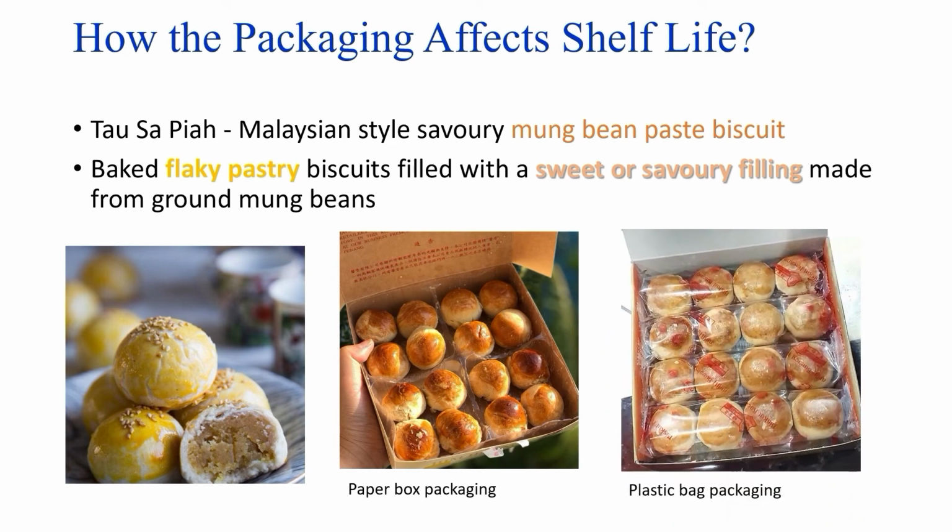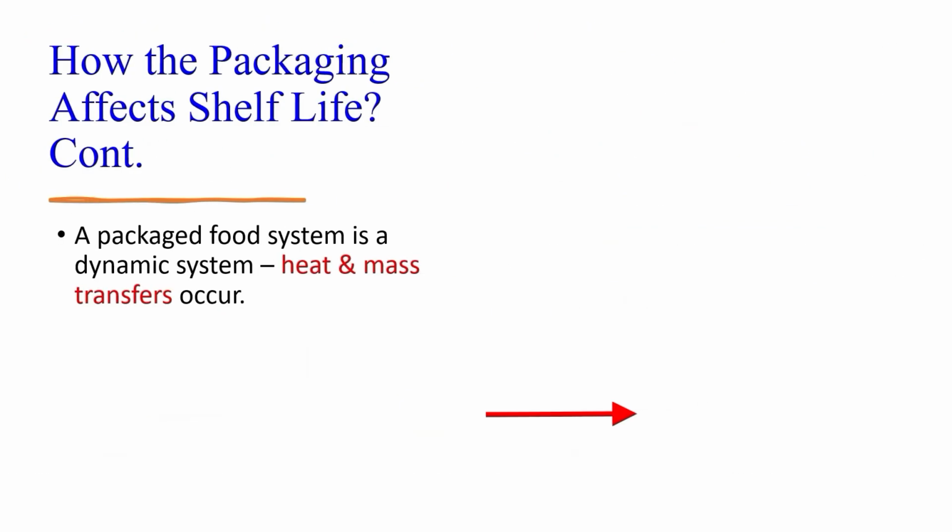Then, due to the trend of the convenience concept, some manufacturers have sealed 4 pieces of this Tau Sa Piah into one plastic bag, and something happened. What's that? Let us continue to the next slide. Do you remember a packaged food system is a dynamic system? Heat and mass transfer always occur.